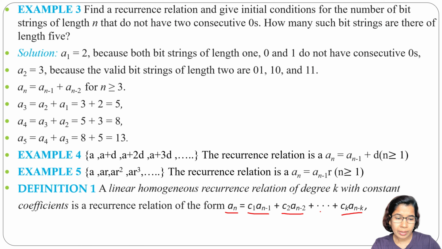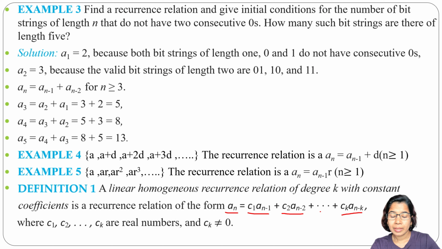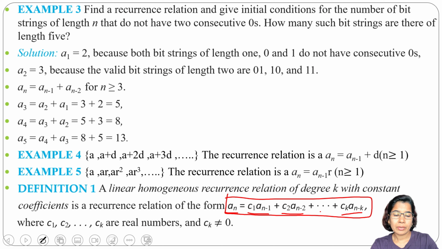Here c1, c2, c3, c4, ck are some real numbers. These are some constants and this ck value is not equal to 0. So if any recurrence relation is in this form, a_n equals c1 a_(n-1), c2 a_(n-2) till ck a_(n-k), then this is a linear homogeneous recurrence relation with degree k. Why k? Because of the last term a_(n-k).